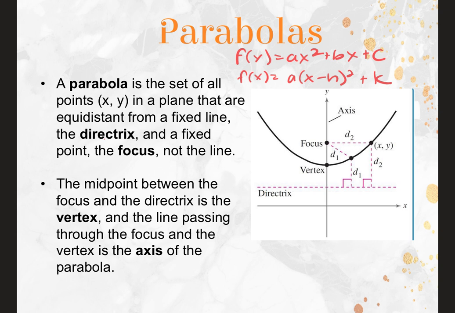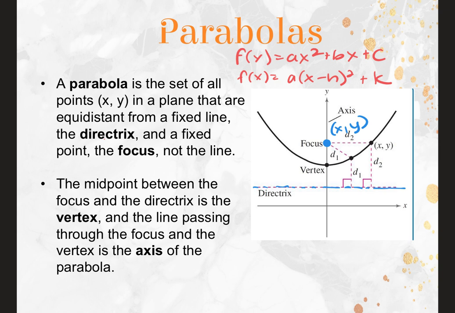In addition to the vertex and the actual overall shape of the curve, we are also going to add the focus. And again, if you remember from algebra 2, the focus lies inside the scoop that is your parabola. And it is a coordinate point, so your focus is going to be an x and a y. And then you have something called a directrix, which is a line that runs in the opposite direction.